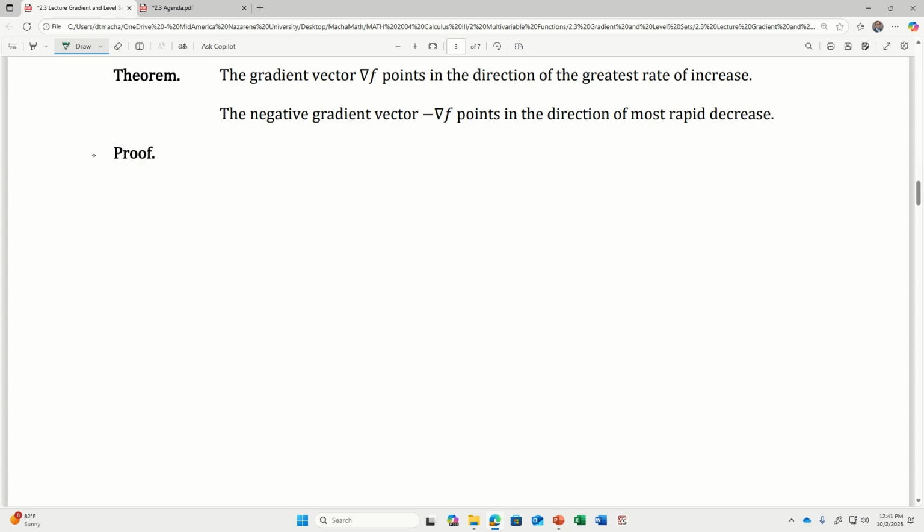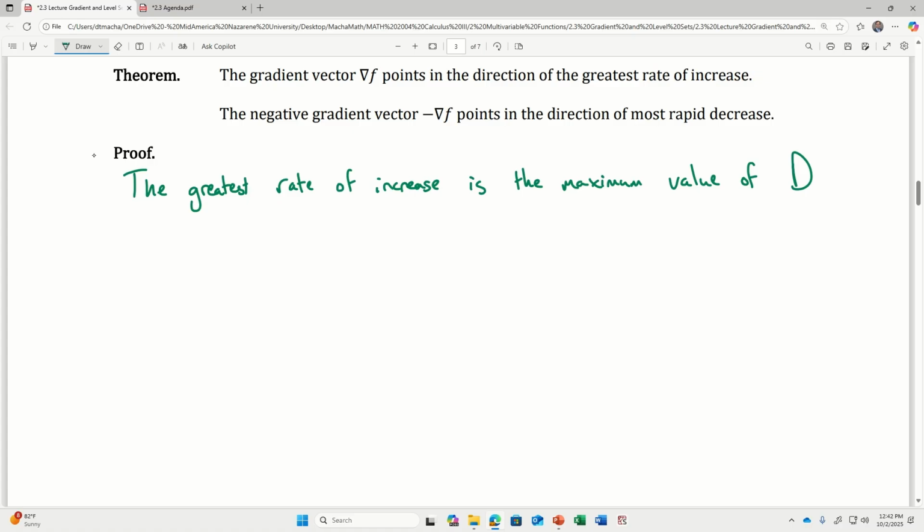How do I prove that the gradient vector is going to point in the direction of the greatest rate of increase? So the greatest rate of increase is going to be the maximum value of the directional derivative.